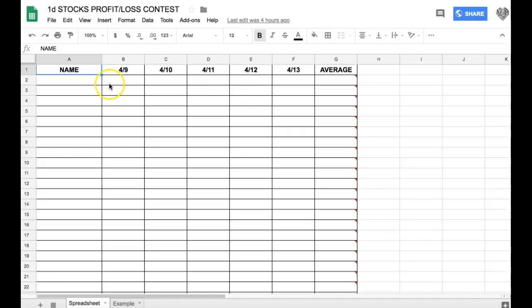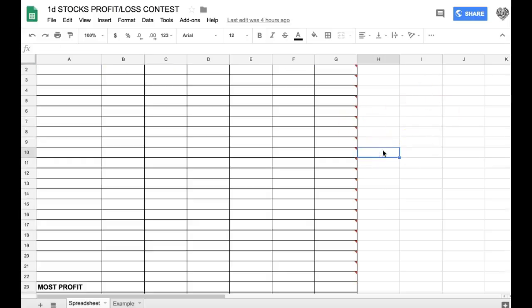So basically each day they would just type their profit or loss in here, and then we have an average. Now what I did was I made it a little contest. First of all, I made it an assignment that's going to count, and they get a point for every day that they put in their information.